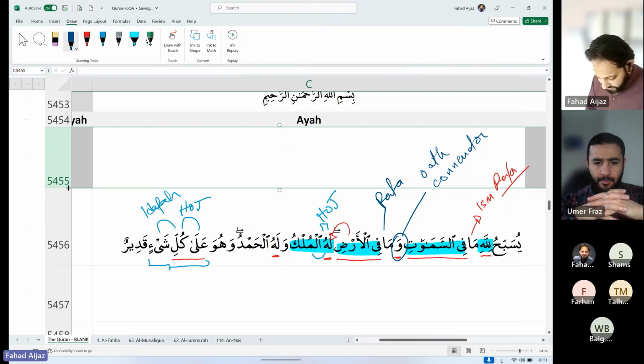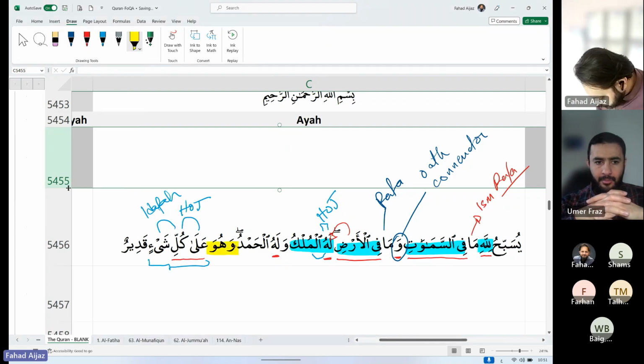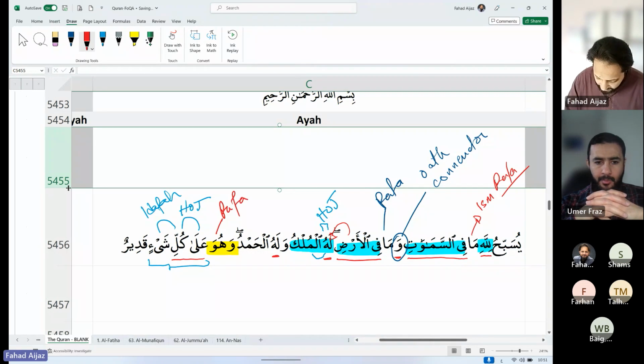For example, this example, wahuwa. You know huwa and you know the waw, right? Is huwa an attached pronoun or an independent pronoun? Independent pronoun. So when huwa is an independent pronoun, what is the status? Rafa. So if it is rafa, can this waw be a jar majroor waw? No, because its job would be to make the next ism jar.